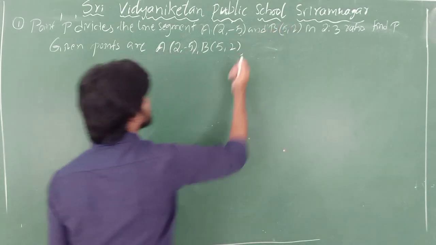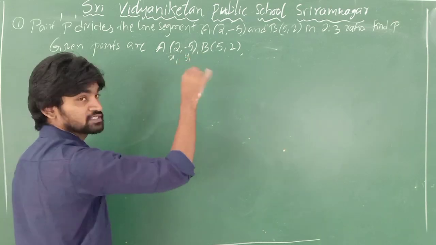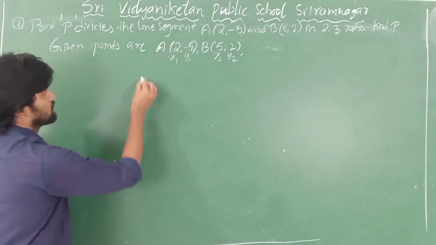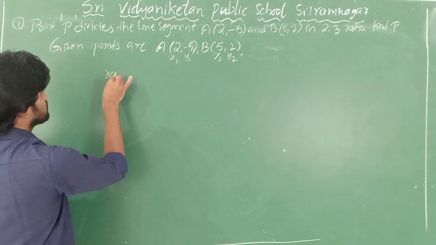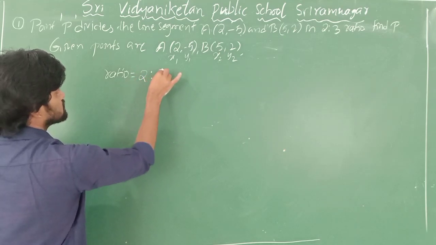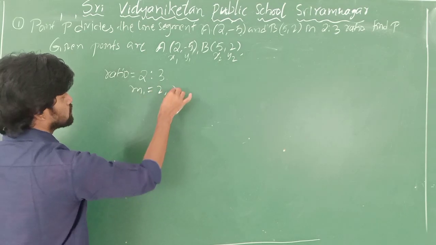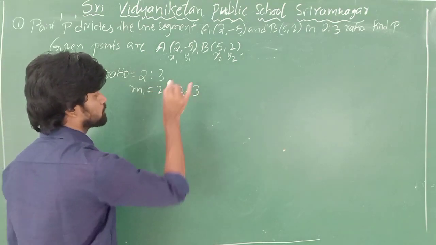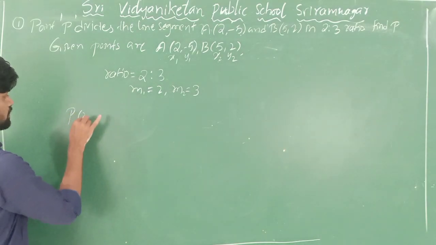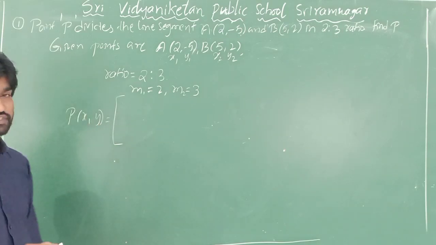And the ratio we'll write later. Now just mark this. The first point is x1, y1. If you mark with a pencil, it becomes easy to substitute. Now the given ratio is 2:3, so M1 is 2, M2 is 3. Now write the section formula, P(x, y) equals.